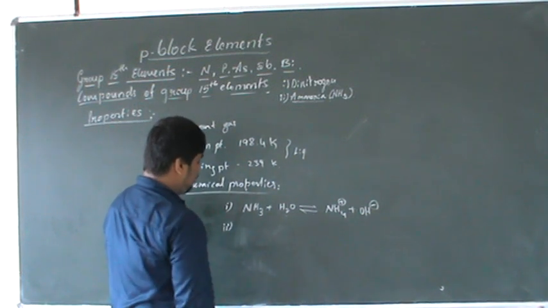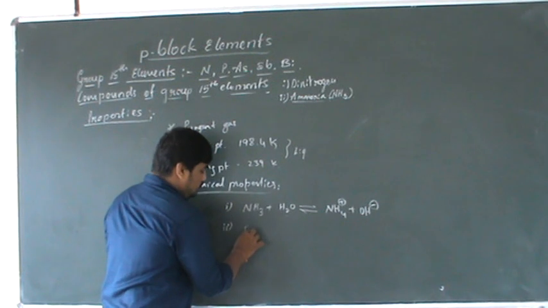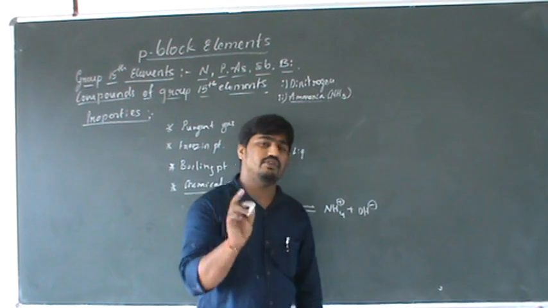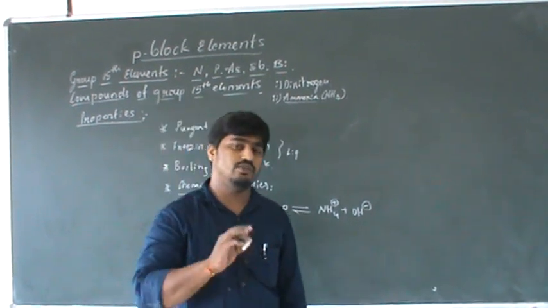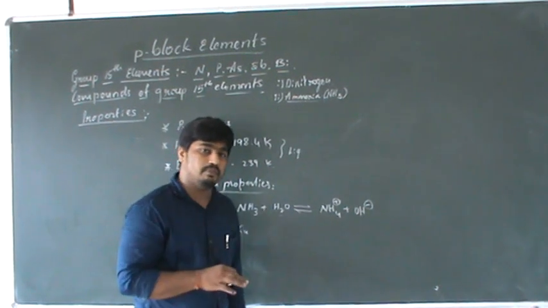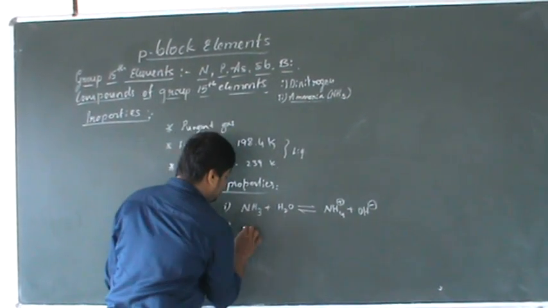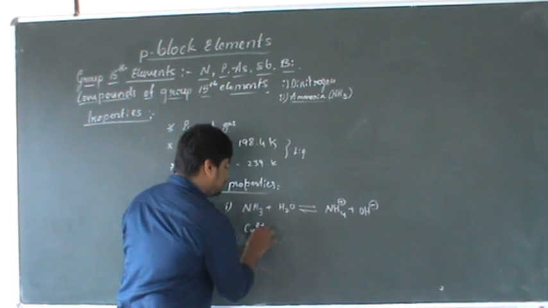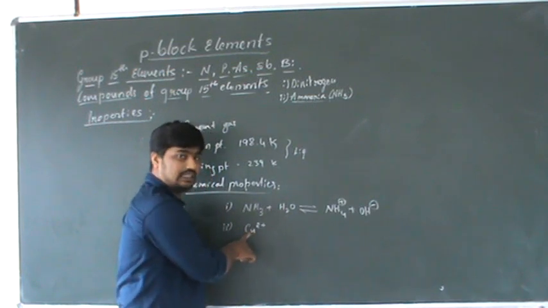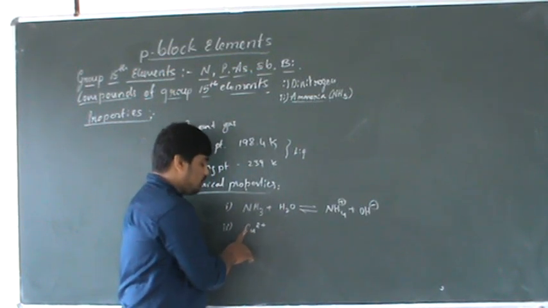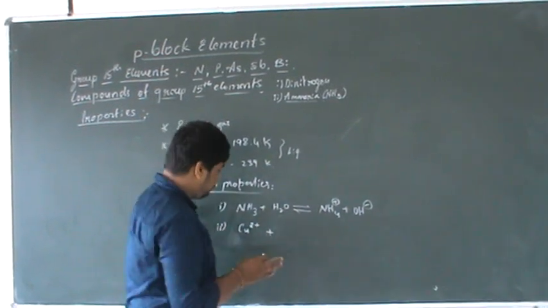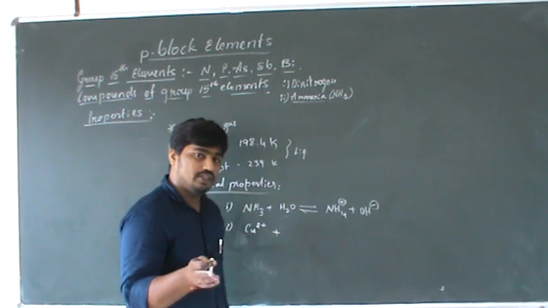And the next is the solution of copper. How to represent the solution of copper? When copper is made into a solution by treating it with anything, it exists in a positive oxidation state. That means it is represented as +1 or +2 state. Copper +2 state: it may be copper chloride or copper sulfate or anything.